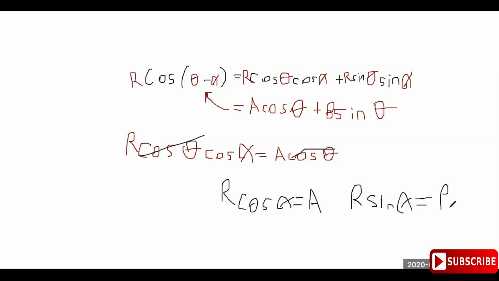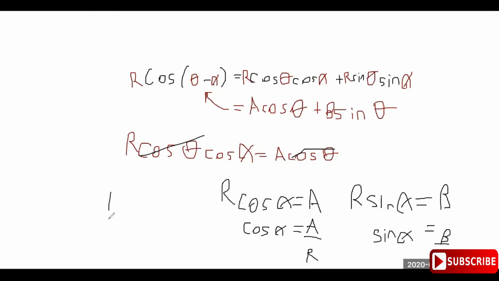Then, I don't need to square both sides. I can write that the cos of alpha is A over R, and the sine of alpha is B over R. Agreed?